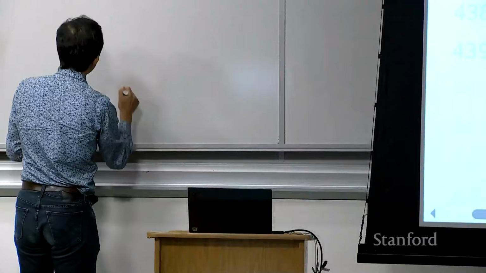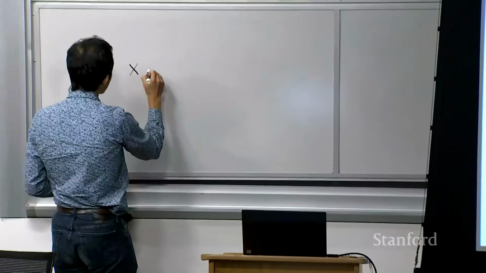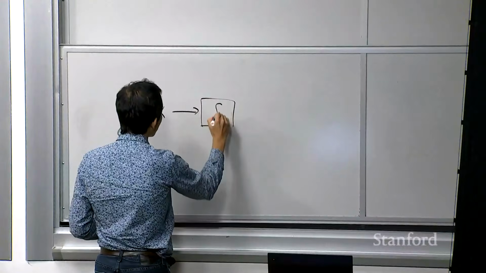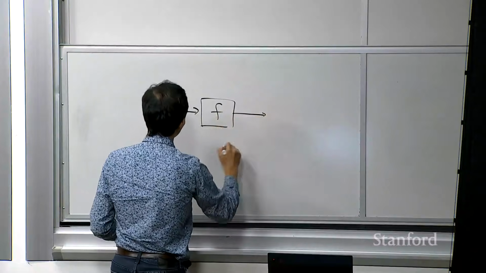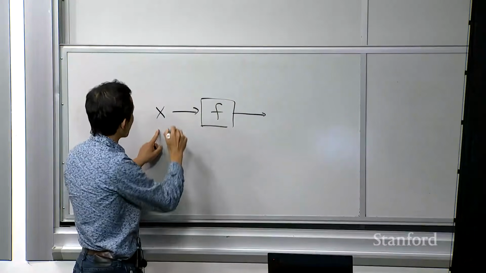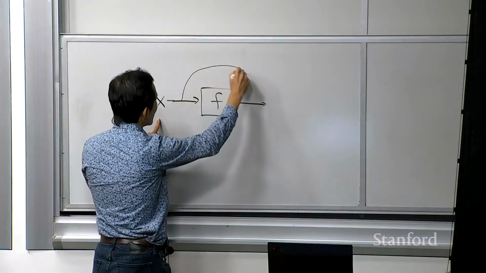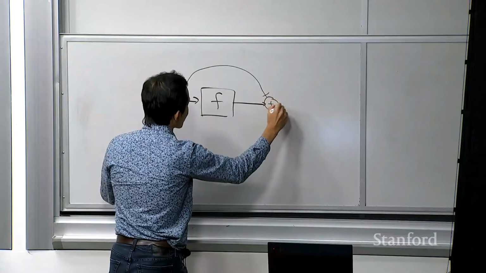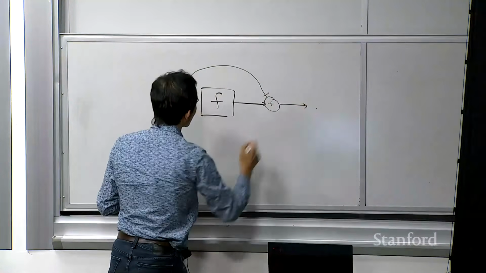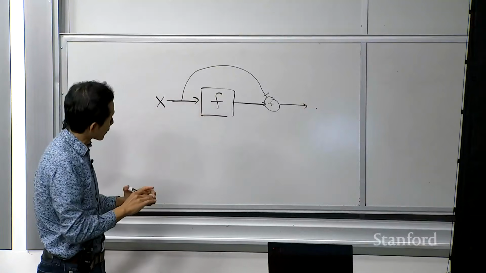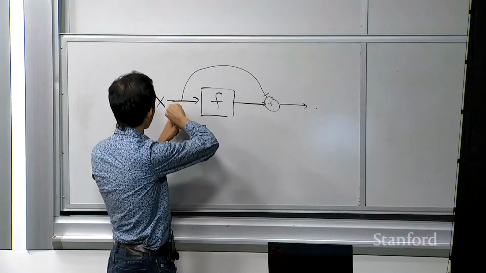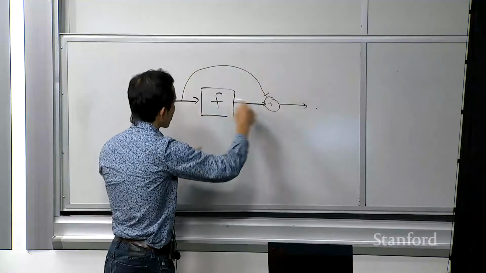So the way to think about this is you have x that goes into some f, and here's the output. That's normally what you do. Now, instead, a residual connection takes this and adds it, and that's your new output. Okay, so that's why it's also called a skip connection, because there's a path that skips f.